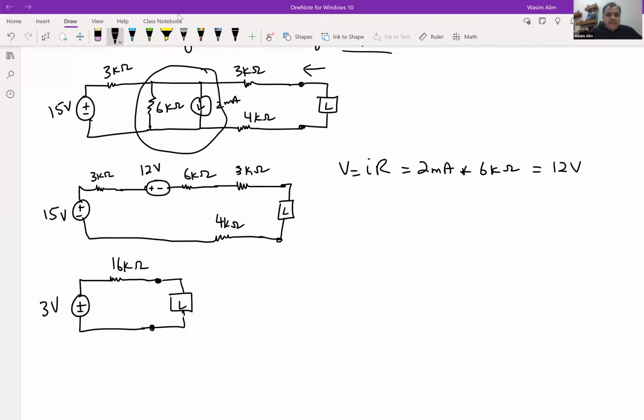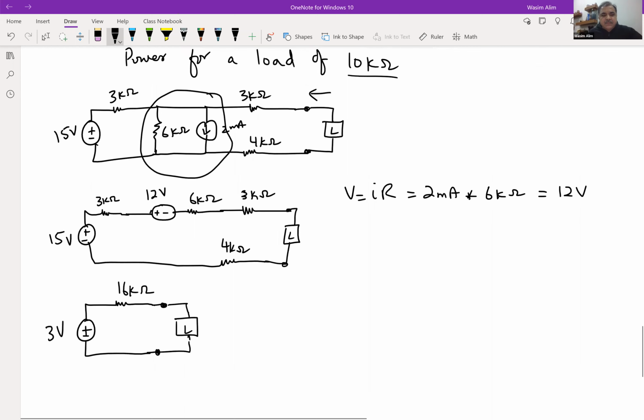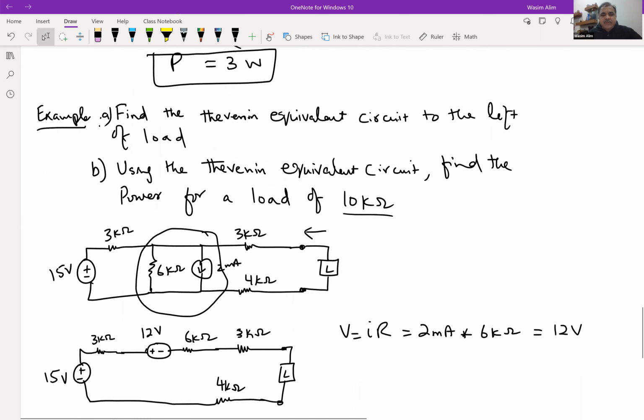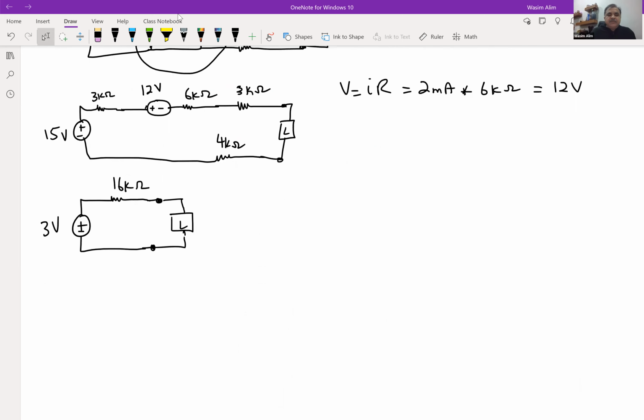So that's my Thevenin equivalent, which is part 1 of the question. The second part was to find the current and power if the load was a 10 kilo ohm resistor, right?